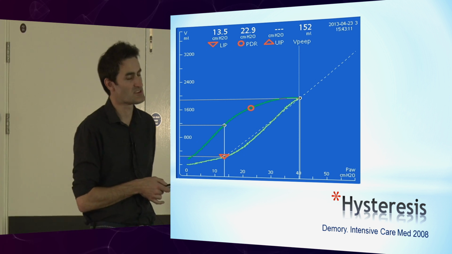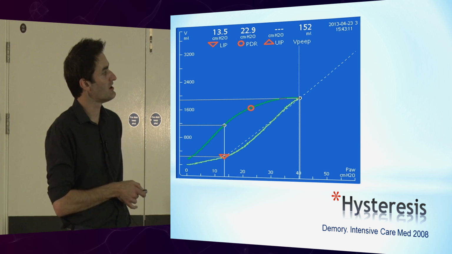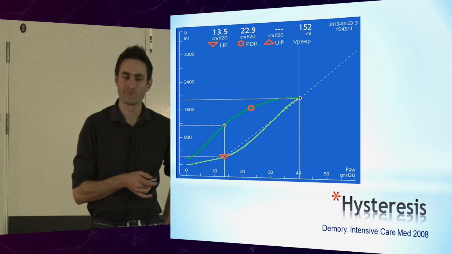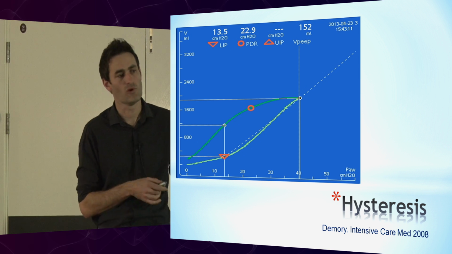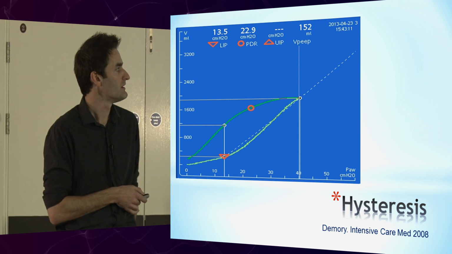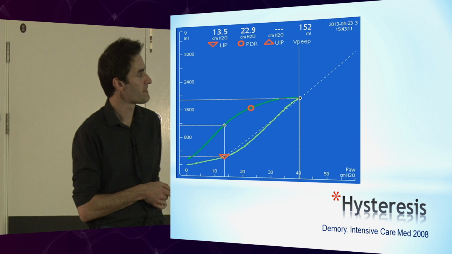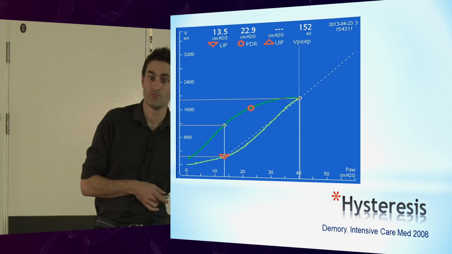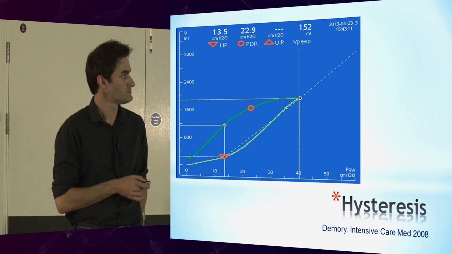We can measure that objectively by putting a cursor at 20, so in the middle of the manoeuvre, and measuring this value here. The magic number there is 400 mils, and again, we'll talk about that later on. Anything less than that suggests that the lung may not be recruitable.